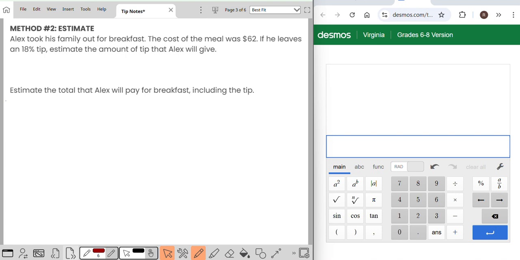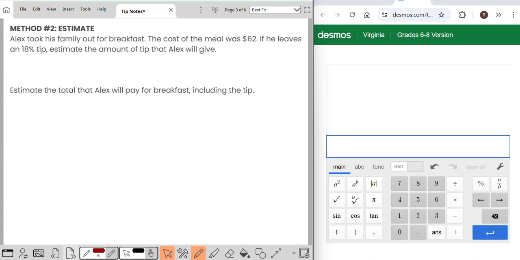So method number 2 is to estimate. An estimate is a really good guess. If somebody looked at me, they might estimate that I'm 5 foot tall. Pretty close. I'm 5'3". For Amber, they might estimate that she is almost 6. Well, she's 5'9", so in my world, she is almost 6 foot.